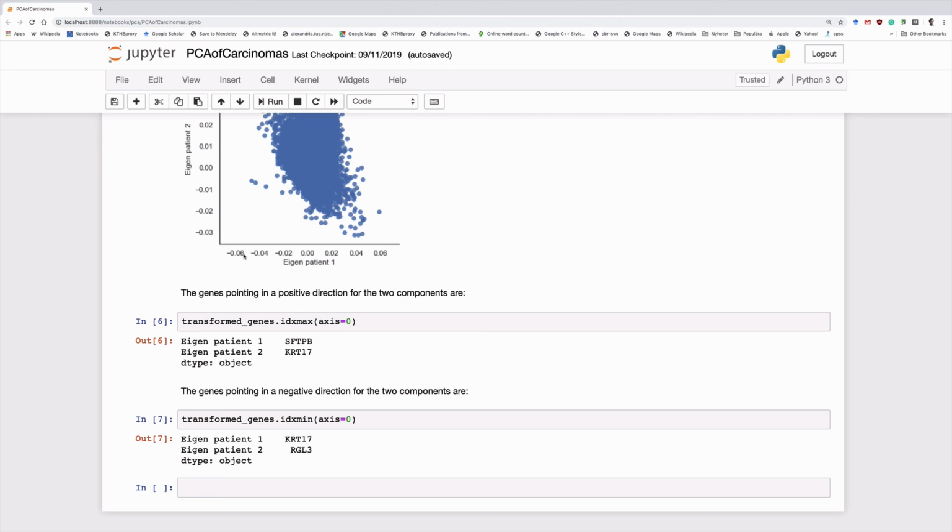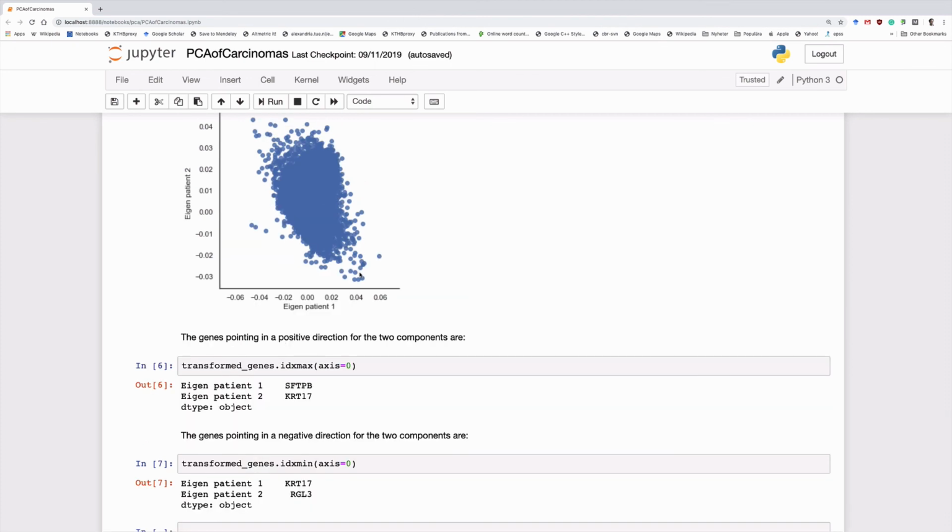Please remember that this analysis has been completely unsupervised. We never instructed our algorithms to try to separate this according to different patient groups or anything like that. And that's great, because it means this algorithm is not prone to overfit in any way. So we can use this as an input for further analysis.